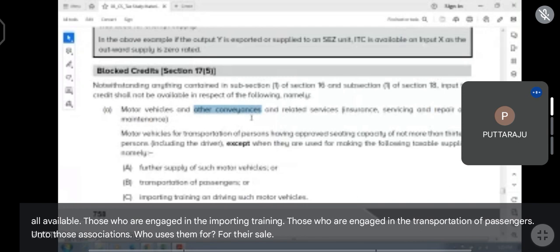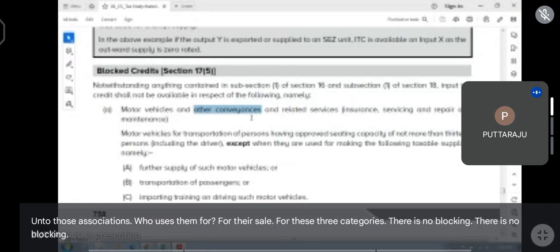For these three categories, there is no blocking. That means they can use that credit while making the outward tax or output tax payment. They can set off.